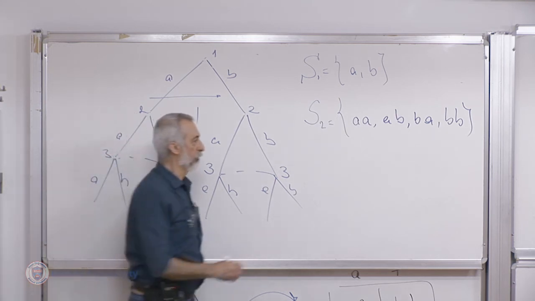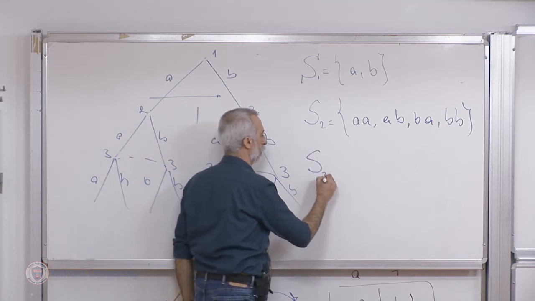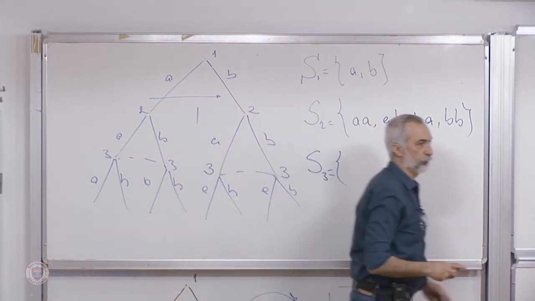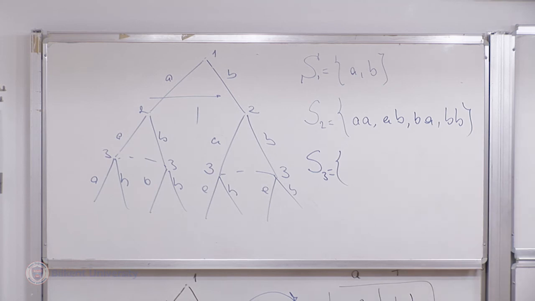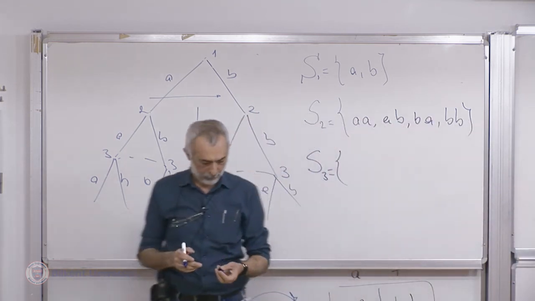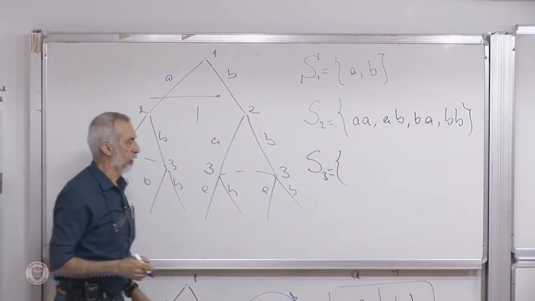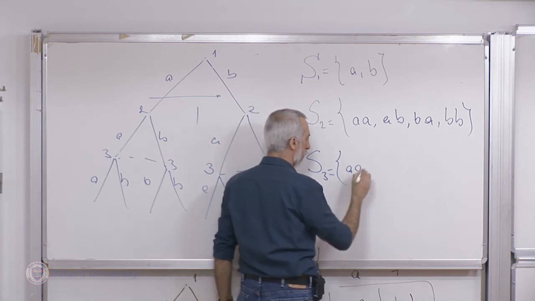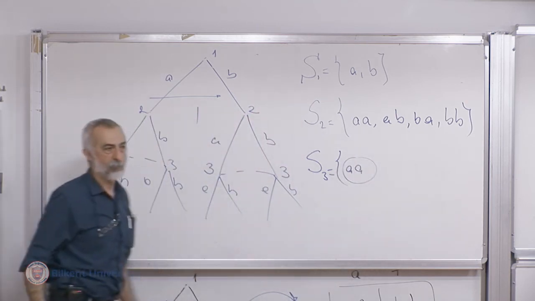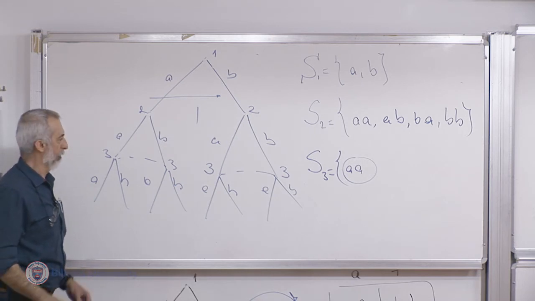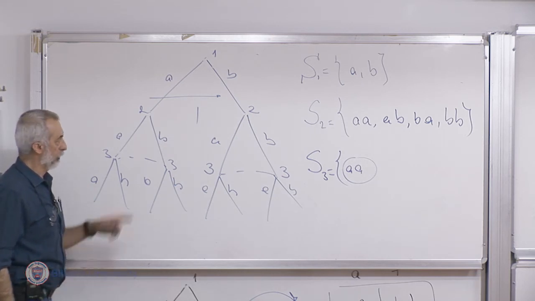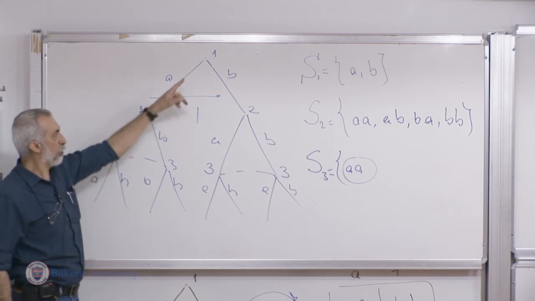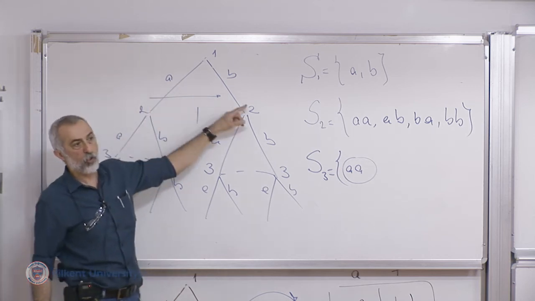What about player 3? It's AA, AB. So what does AA denote? Player 1 plays A. If player 1 plays A, I will play A. That's what player 3 observes.